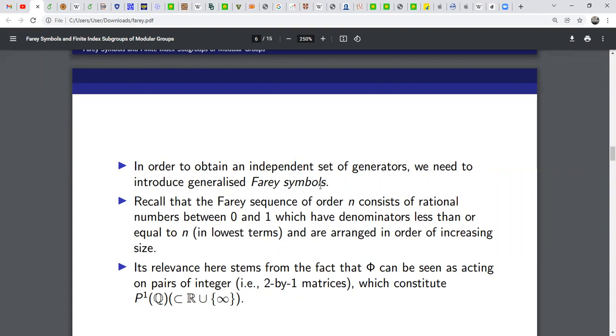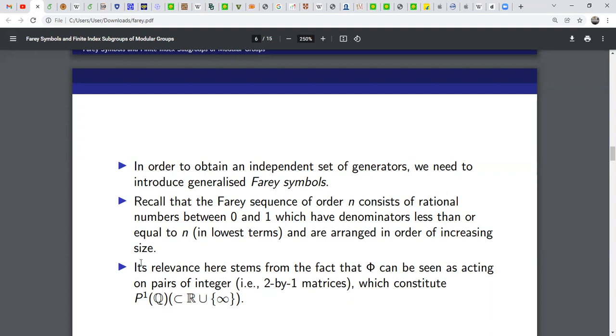The term Farey symbol comes from Farey sequences, and a Farey sequence of order n consists of all rational numbers between 0 and 1. It goes without saying that each rational number is expressed in its lowest terms, that is, the numerator and the denominator do not have any common factor, and the fractions in their lowest forms must have denominators less than or equal to n, and of course are arranged in increasing order.